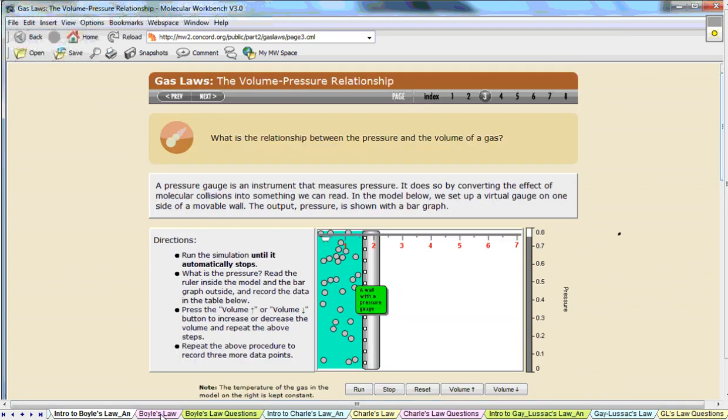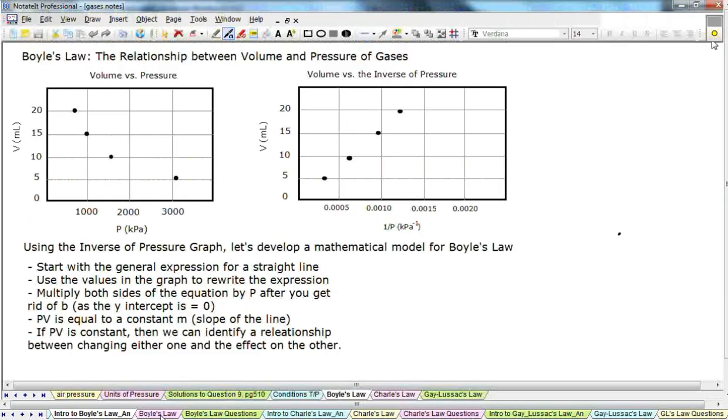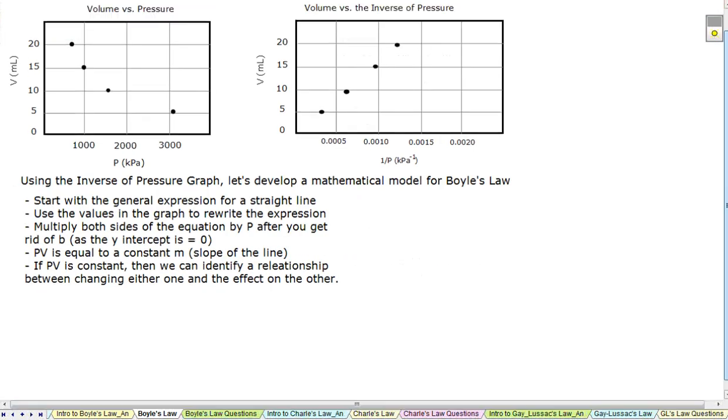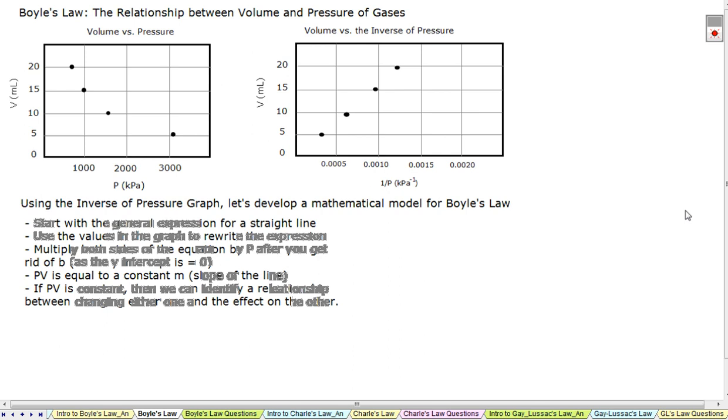So what we're going to do is switch over now and take a look at Boyle's law and try to determine what relationships there are. Boyle's law looks at the relationship between volume and pressure. When we did our initial test, we found that as the volume decreased, the pressure greatly increased, and we got this neat little curve.